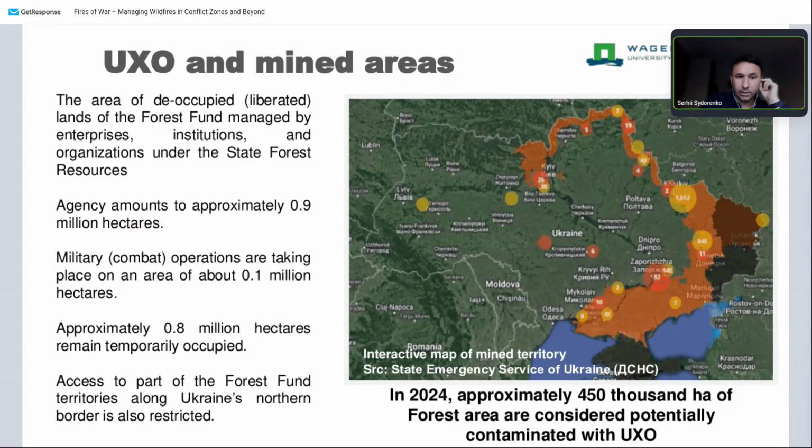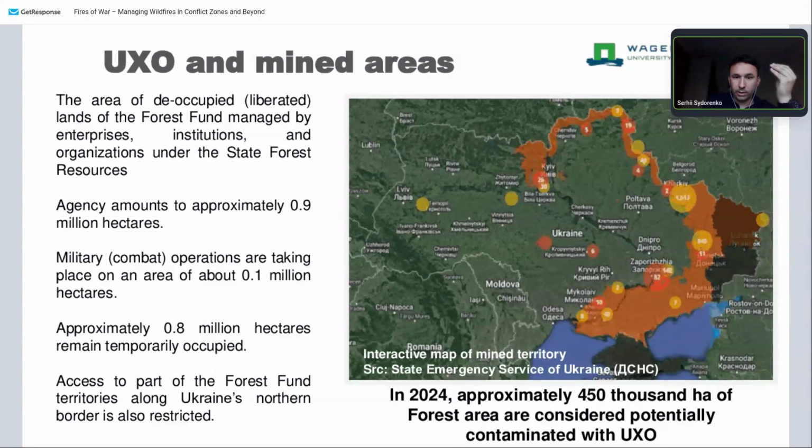It is a slide just with more information about the mining process in Ukraine. Here, the most important part that I need to say is that forested territories have the lowest priority for mining.